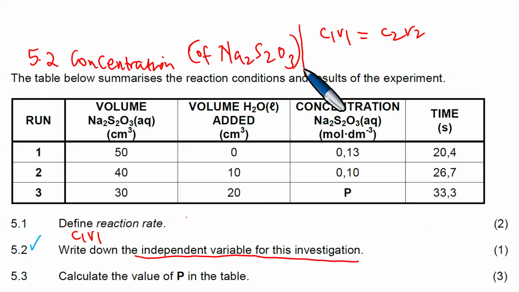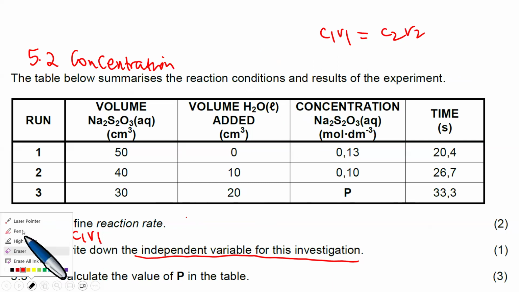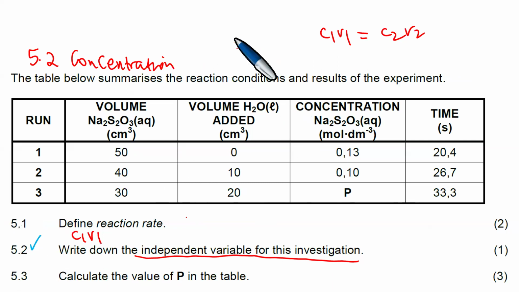Okay, let's use this one. C1 V1 is C2 V2, 0.13.